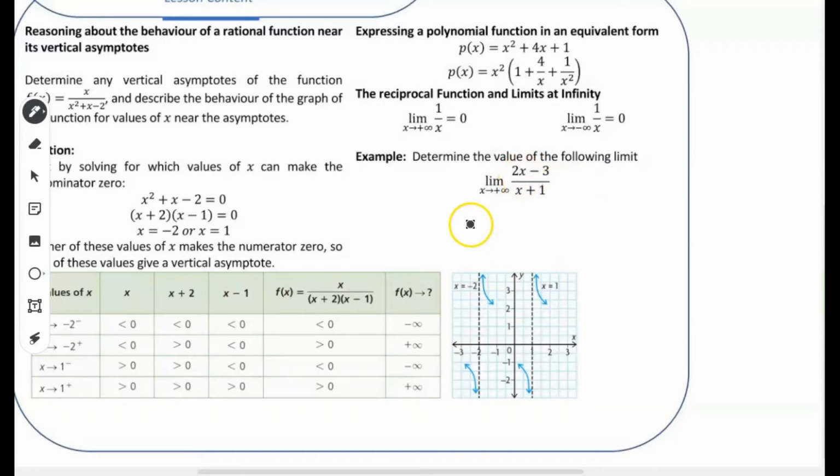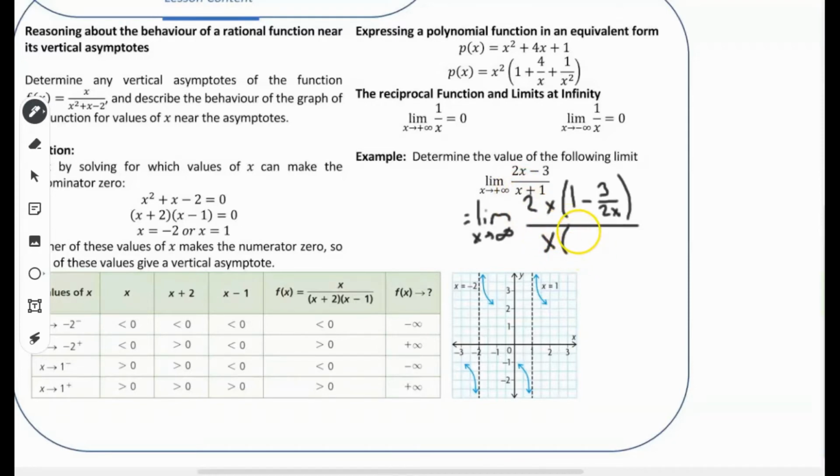So to do that, this is just going to equal the limit as x approaches infinity. So 2x, so we're going to pull out a 2x here. So we got 2x, and then we have 1 minus 3 over 2x for the numerator. On the denominator, we have an x here, so I'm going to pull out an x.